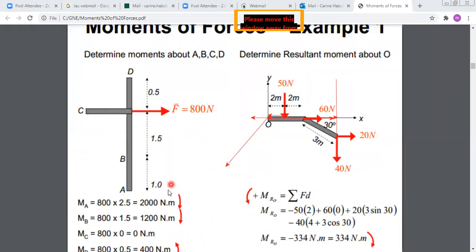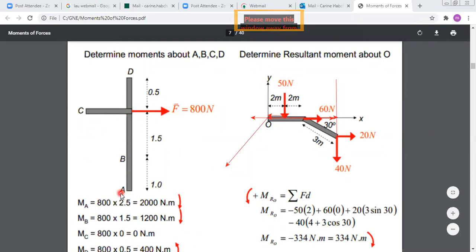If I apply F about this part and want to find the moment about A and B, it will produce a moment in this direction, so it's clockwise. However, with respect to point D, it's trying to rotate the bar about D in the counterclockwise direction. So you should always look at what your point of interest is. If it's D, F is trying to rotate the structure about D in this way. If it's A and B, it's trying to rotate in this way.